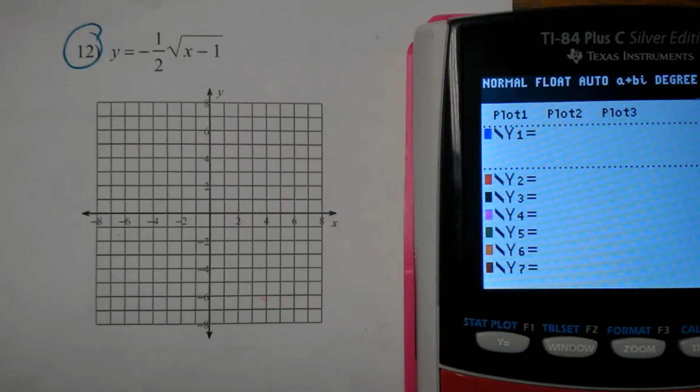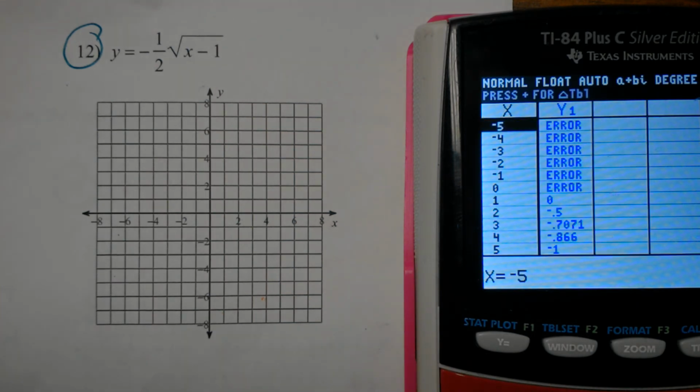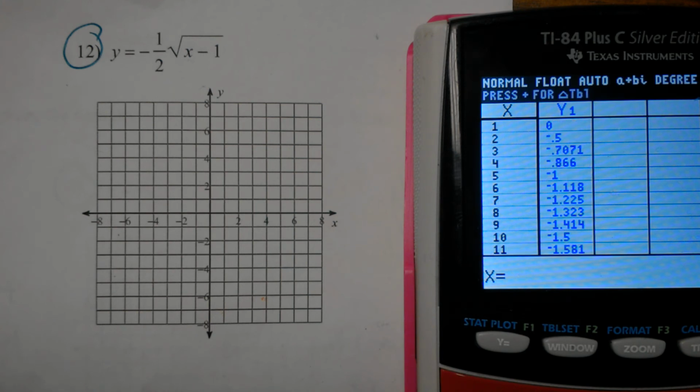So number 12, I have -1/2 times the square root of x minus 1. So I found my error. The starting point is 1, 0. And I have 5, -1. And yeah, the next whole number is going to be way out there.